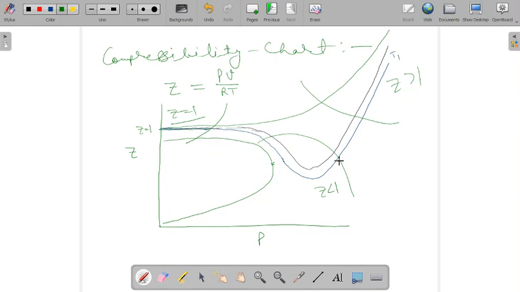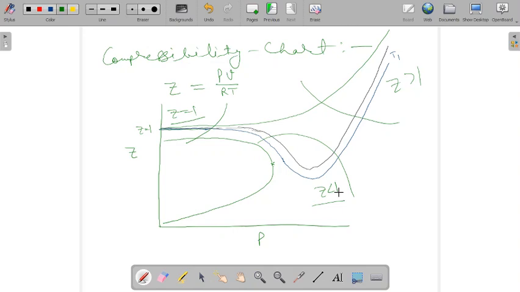If more attraction is there, that will bring the molecules closer to each other in comparison to a perfect gas where attractions are negligible. So that is the reason that in this zone a gas with interactions will occupy less volume in comparison to an ideal gas. That is the reason that in this zone I have a value of Z less than 1.